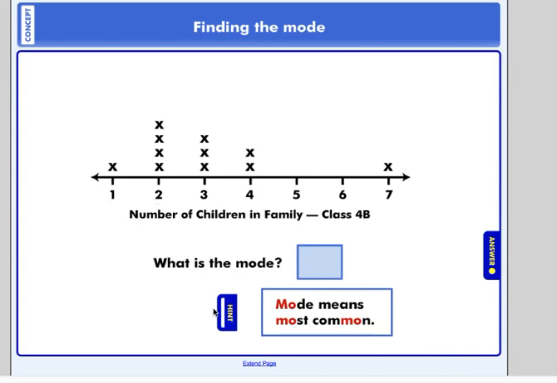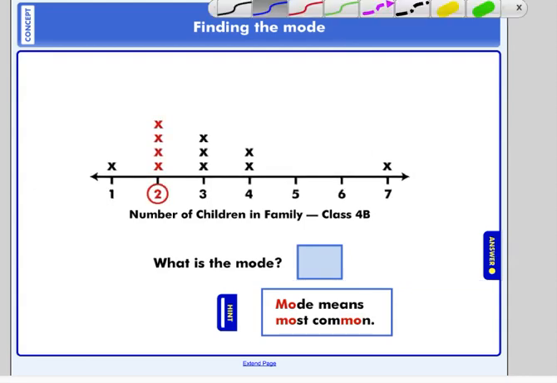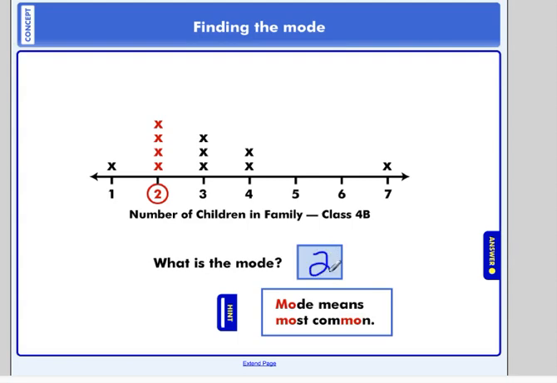Okay, mode means most common. So our answer will be 2, because 4 students responded with a 2. The next highest would be 3 here, but this is the most occurring.